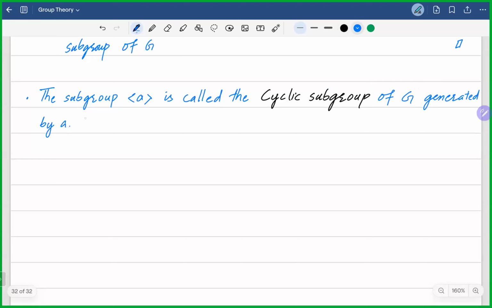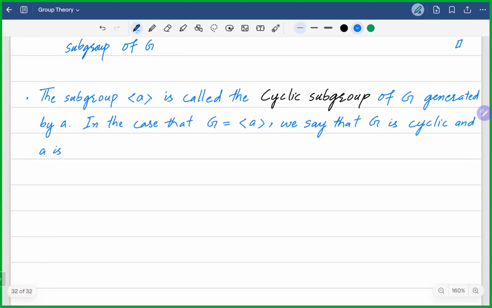In the case that G is itself equal to the set generated by a, we say that G is cyclic, and a is its generator.